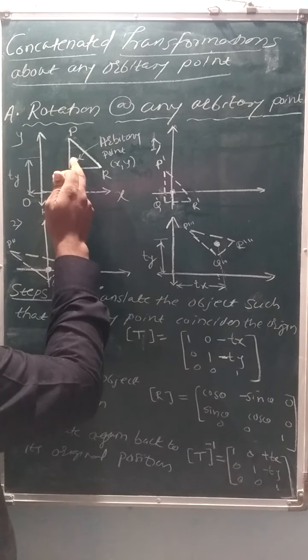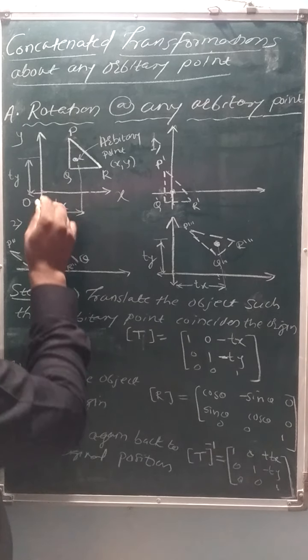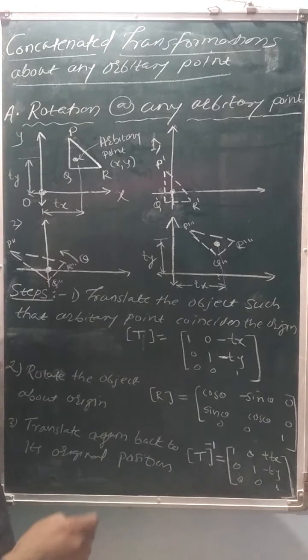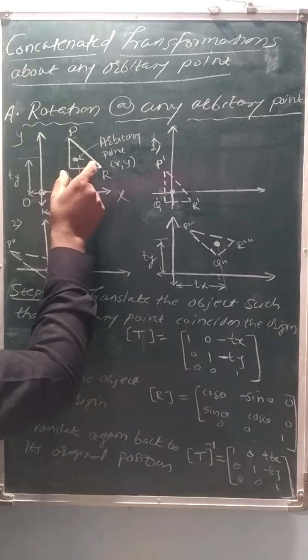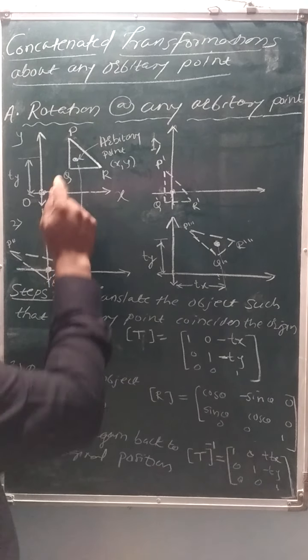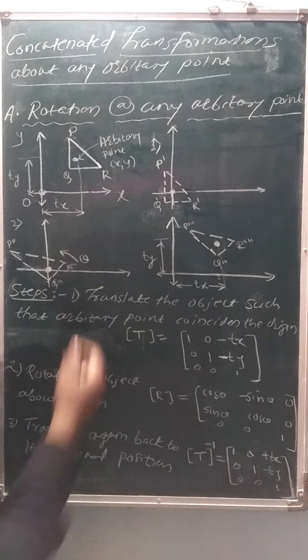That point may be on this diagram or other than this particular diagram, and this is the origin. Now we have to rotate this particular entity about this arbitrary point. Now this transformation can be achieved in 3 steps.